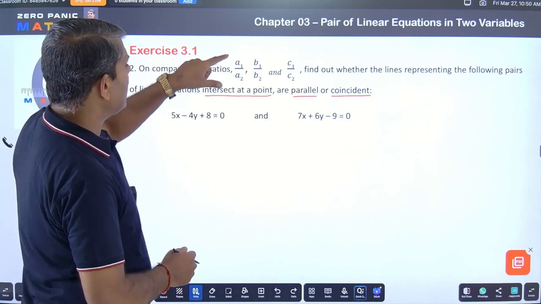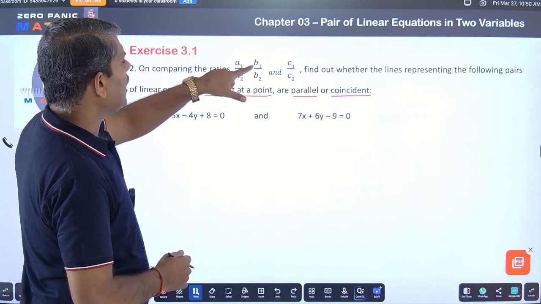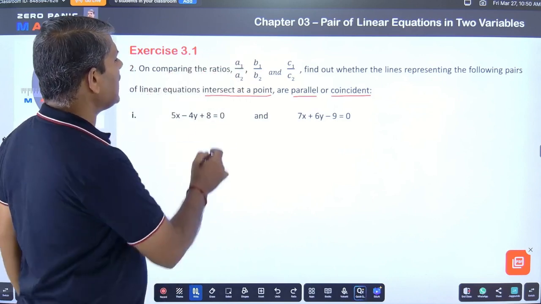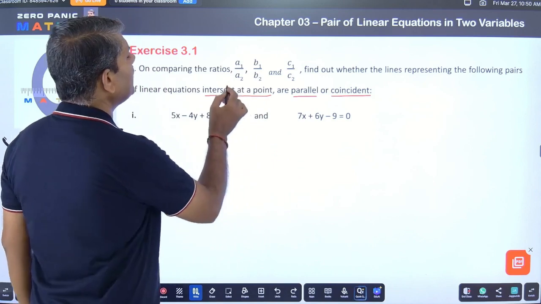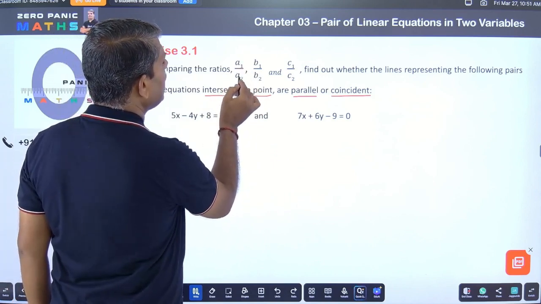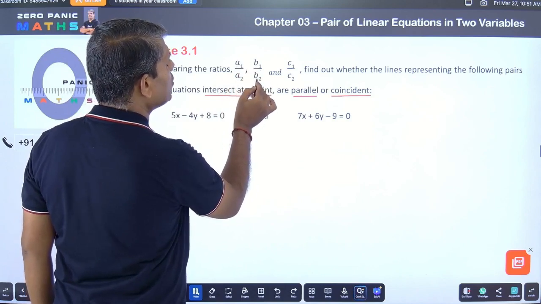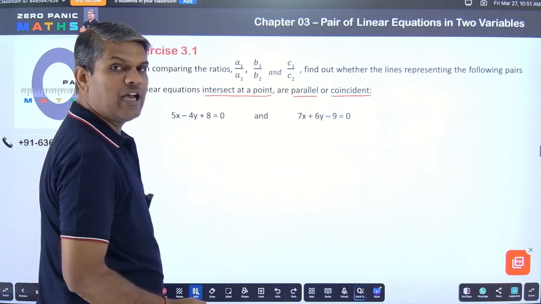If the ratio of the coefficients a1 by a2 is not equal to b1 by b2, then the lines are intersecting at a point. The second condition, if a1 by a2 is equal to b1 by b2 but not equal to c1 by c2, then that is parallel.